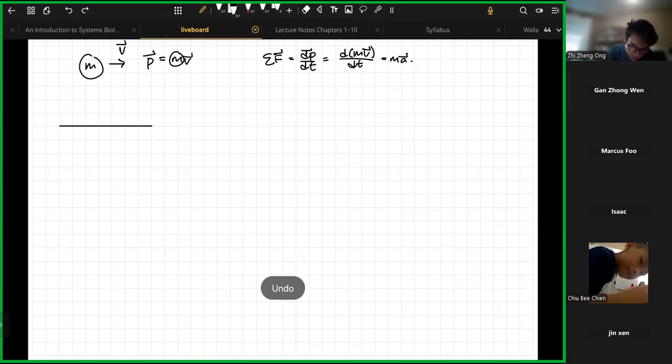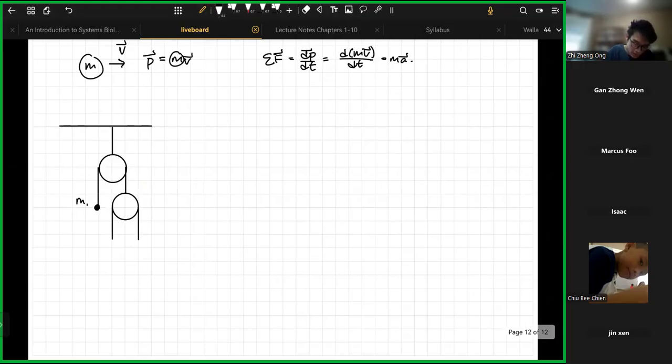Okay, so we have a mass m1, a mass m2, and a mass m3.